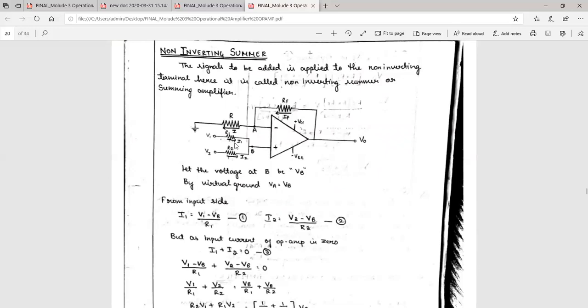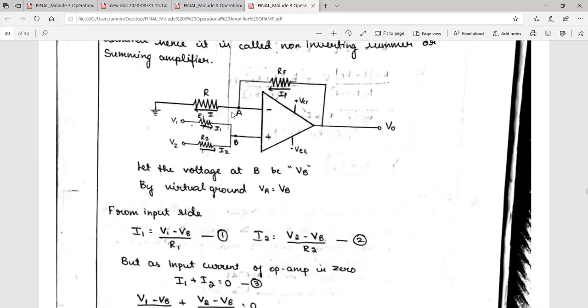The current I1 is because of this V1 voltage, and current I2 is because of this V2 voltage. You can see the current I1 flows from V1 to VB, and current I2 flows from V2 to VB. So first, the voltage at point B is unknown to us.